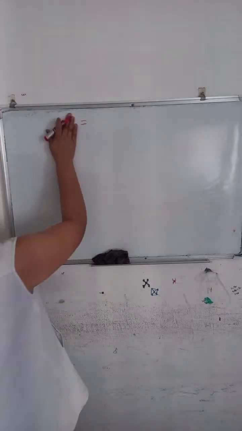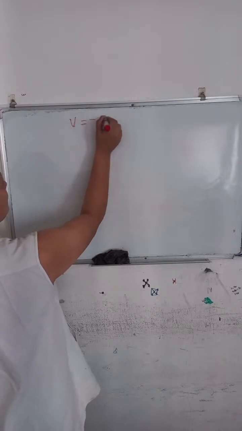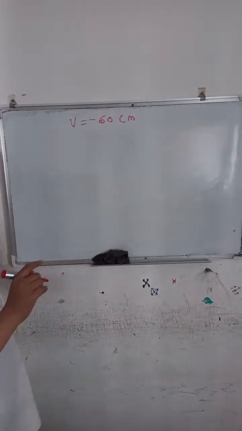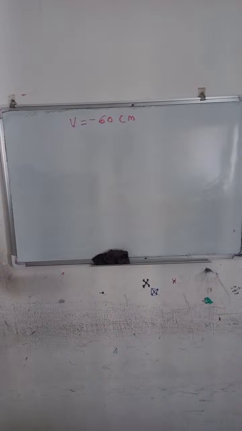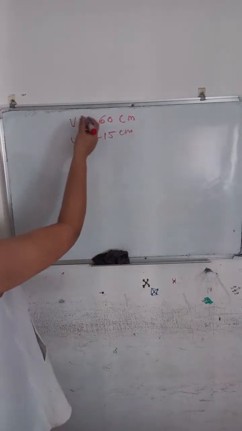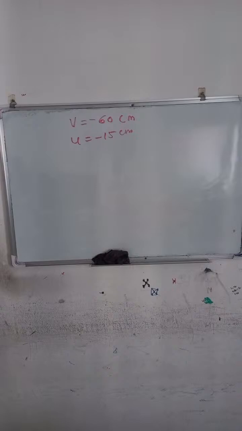That means here v is given, which is minus 60, in front of the mirror. And by keeping the flame at a distance of 15 centimeter, u is given minus 15 centimeter. See here, v is negative, u is negative.